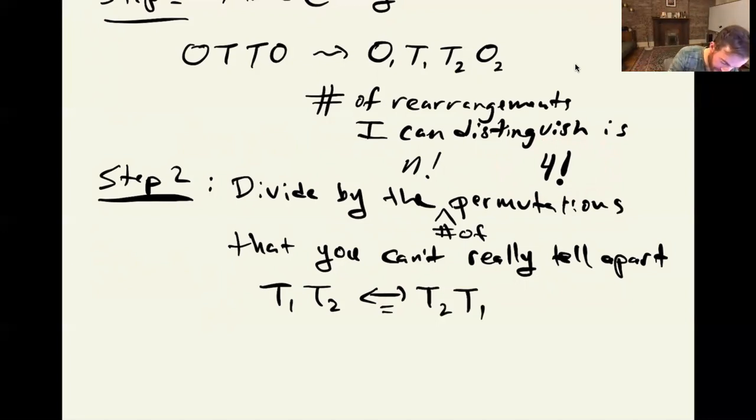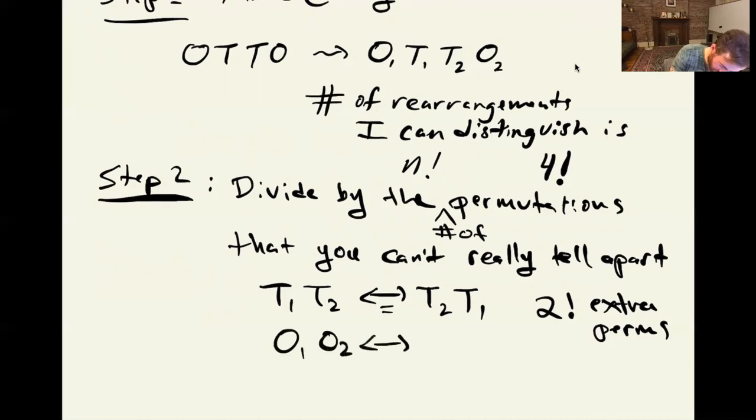So that means that's a 2 factorial extra permutations. In similar spirit, when I take O1 and O2, then I reverse those, O2 and O1, these I also need to recognize are the same. So that's another 2 factorial extra perms.